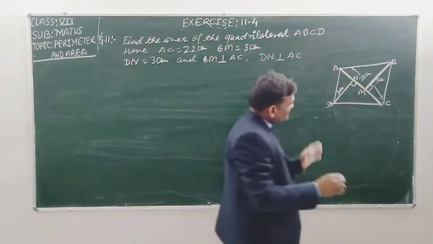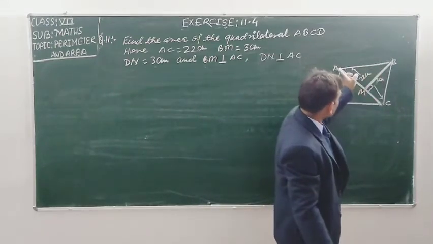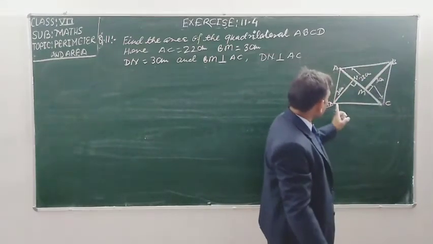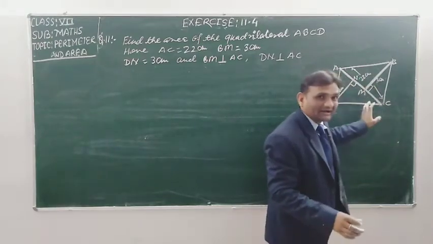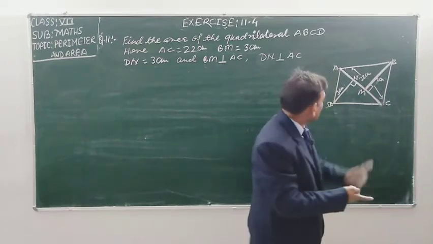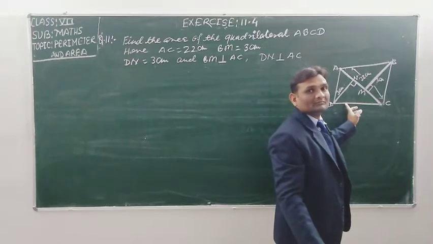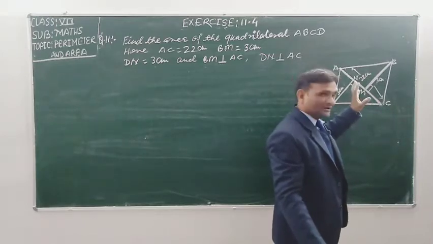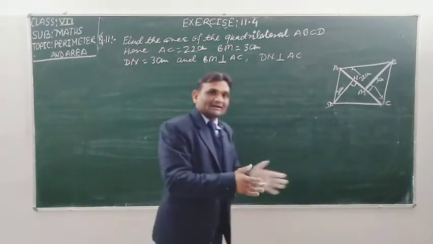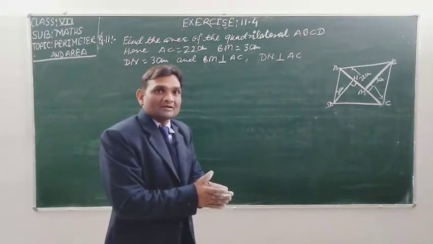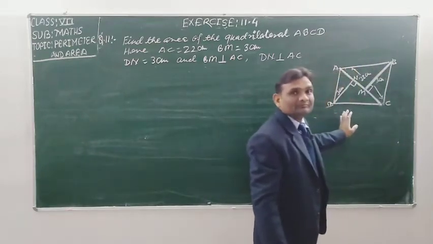So student, if we are able to find out the area of triangle ABC and the area of triangle ADC, and at last if we add the area of both triangles, it means we have got the area of the quadrilateral.